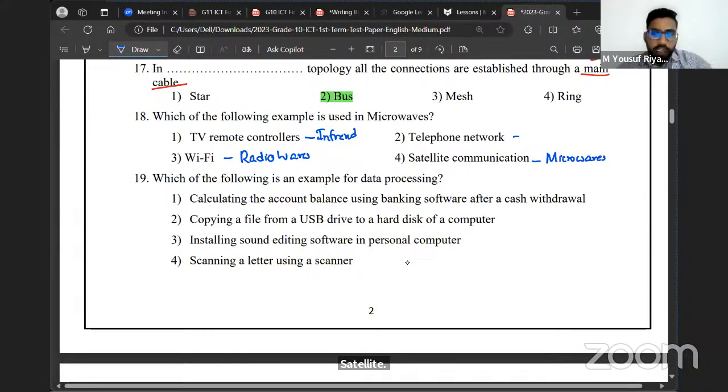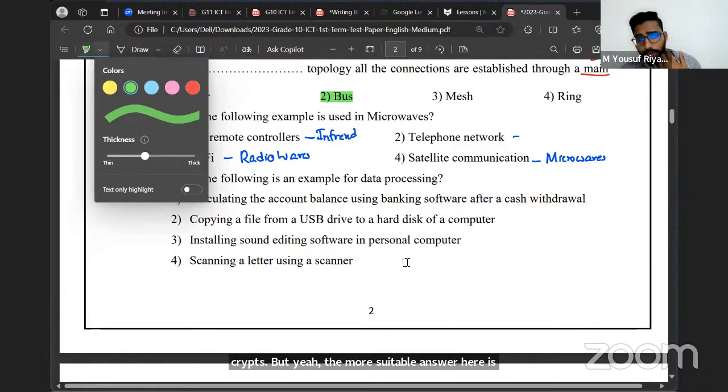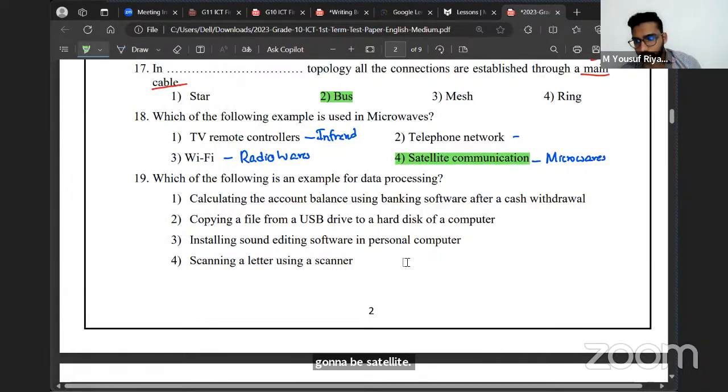Telephone network depends, because it has parts in both. For example, from your house to the cell tower it goes in radio waves, and from one cell tower to the next it goes in microwaves. But the most suitable answer here is satellite, because satellite is completely microwaves.